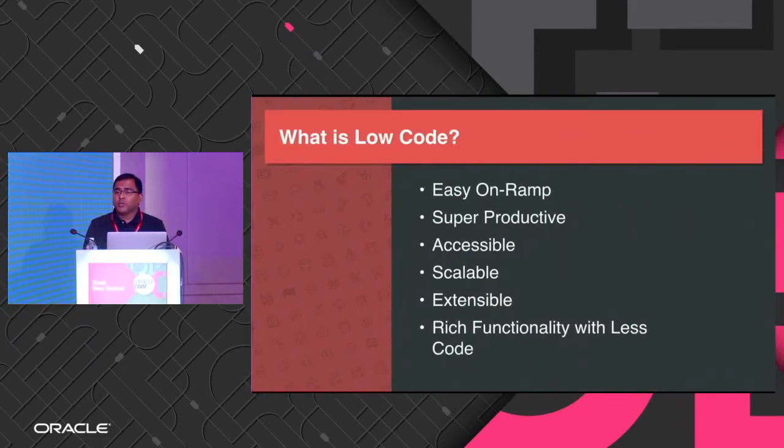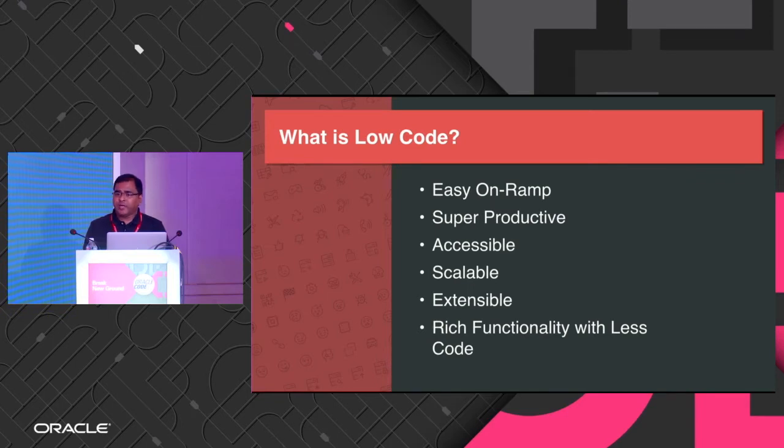And what low-code is about, for most of you who already are using Apex, you know that Apex is a low-code application development framework. Oracle Apex is a low-code development platform, or a low-code application development tool for the Oracle database. So when you say low-code, typically as a framework it is very easy to ramp up and easy to get started with.